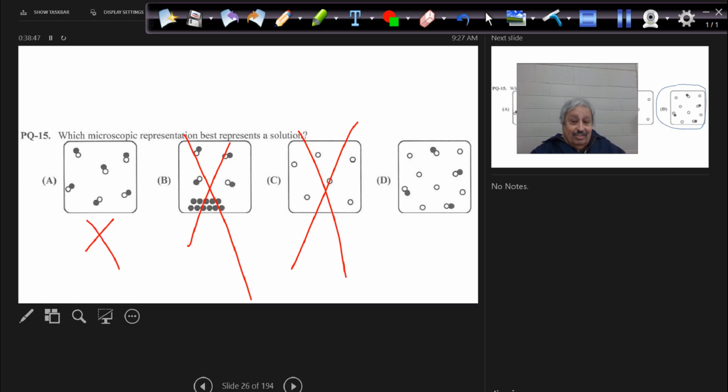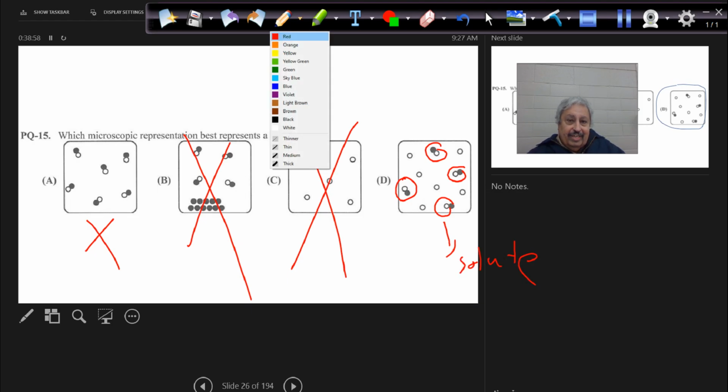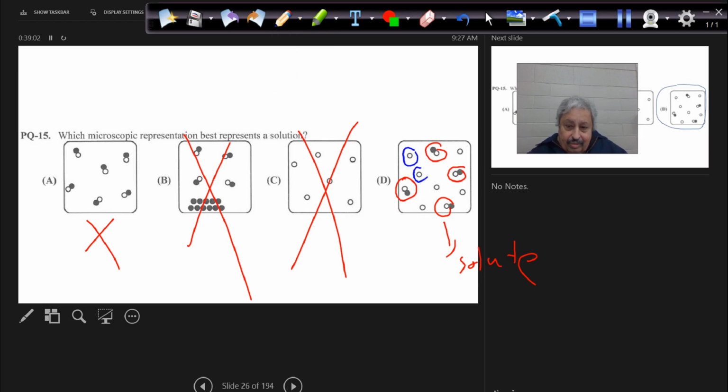So this here small amount, 1, 2, 3, 4. This is the solute here. Then you can go and look at the ratio here. 1, 2, 3, 4, 5, 6. That's solvent.